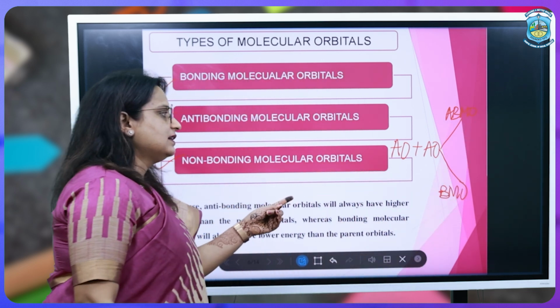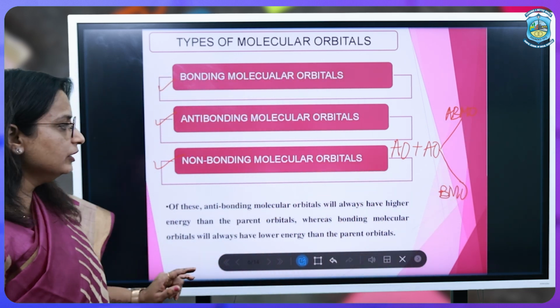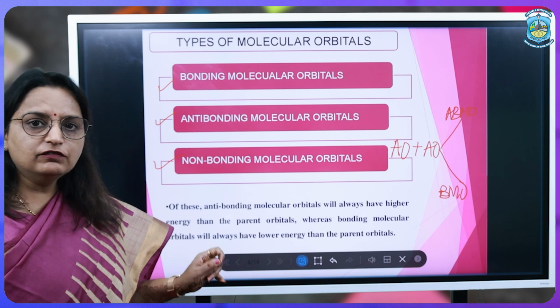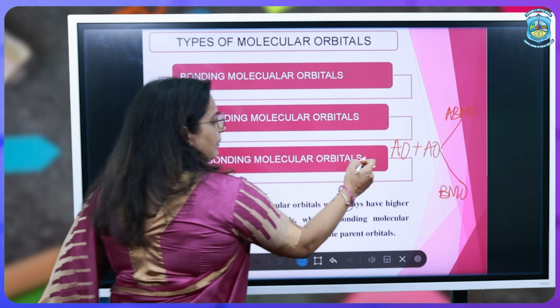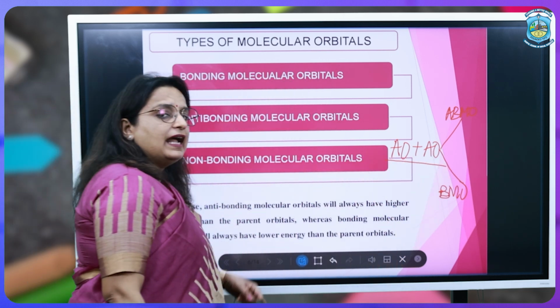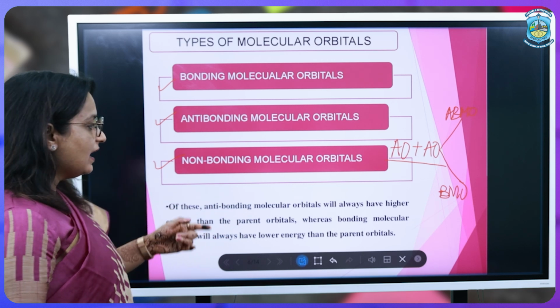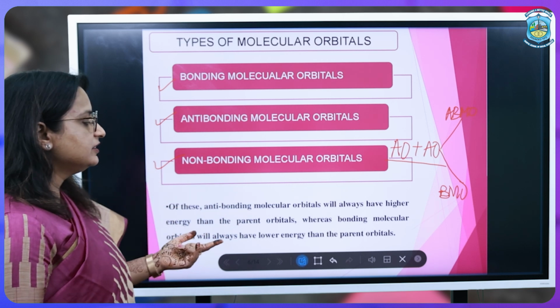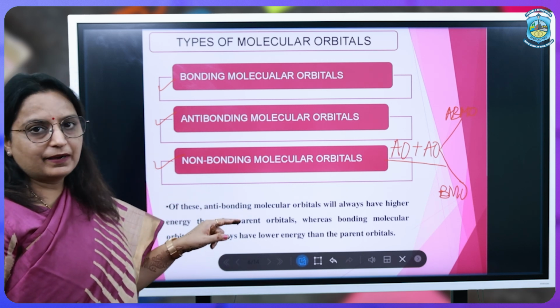And as you can see in what I have shown, bonding molecular orbitals are comparatively of lower energy in comparison to atomic orbitals, and anti-bonding molecular orbitals are comparatively of higher energy in comparison to the parent orbitals.